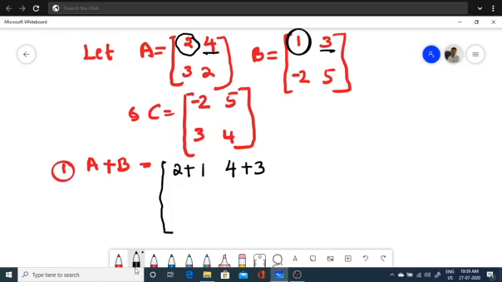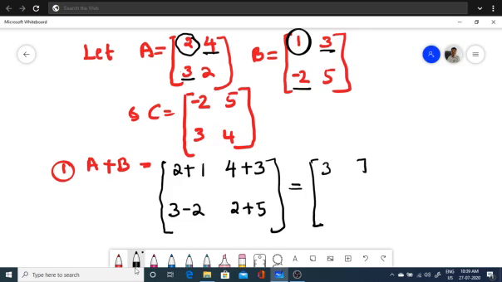Then adding the corresponding elements, that is 3 minus 2, and 2 plus 5. So we are getting 3, 7, 1 and 7. So this is A plus B.